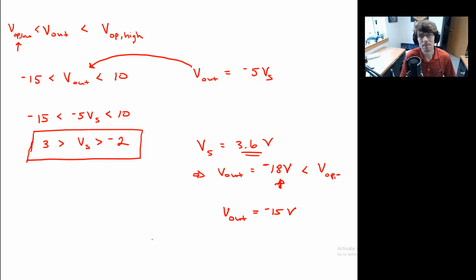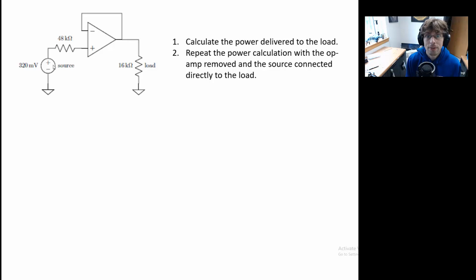Okay, on to the next problem. So I've got another problem queued up here for you. Circuit on the left-hand side, and we're going to answer 2 questions. The first one, calculate the power delivered to the load, so this 16 kilo ohm resistor. And then the second piece, which we'll discuss on the next slide, repeat the power calculation with the op amp removed and the source connected directly to the load.